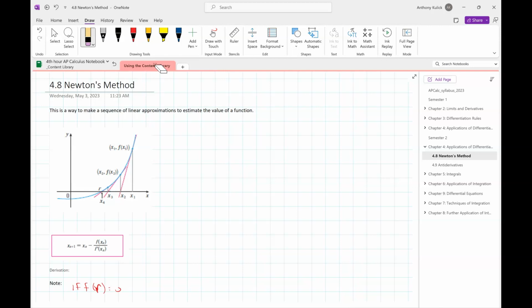This topic is called Newton's method. And what Newton's method really is, it's a way to approximate a solution to an equation. So you know on your calculator, when you graph something and you look and find the x-intercept, you know that function on your calculator?